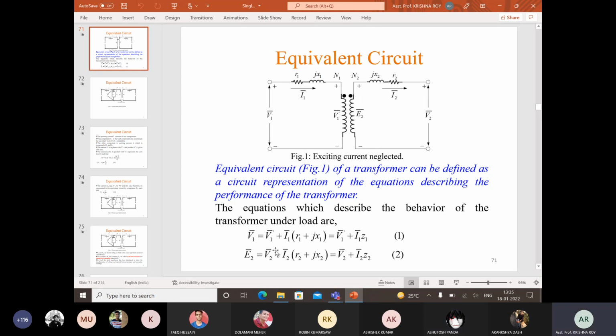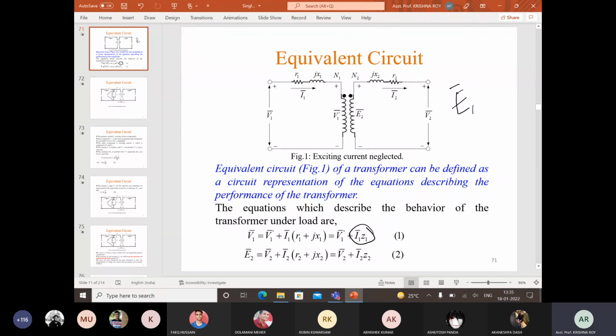This first equation is the applied voltage expressed in terms of the voltage drop across the leakage impedance, that is I1 Z1, and this V1 dash. Okay, what is this voltage? We know that the induced EMF across the primary winding is E1.